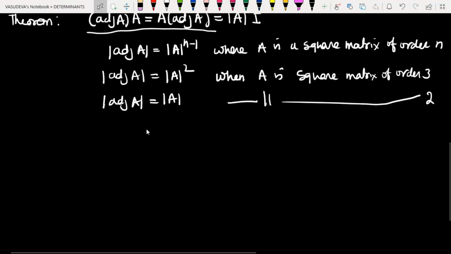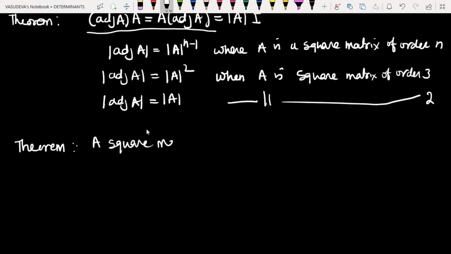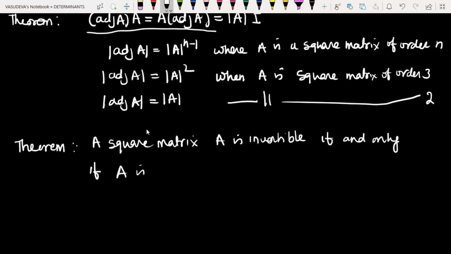Now, based on this result, let's take another theorem. A square matrix A is invertible if and only if A is a non-singular matrix.